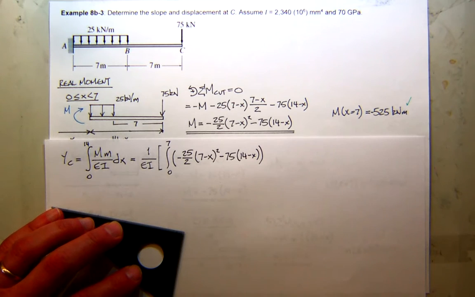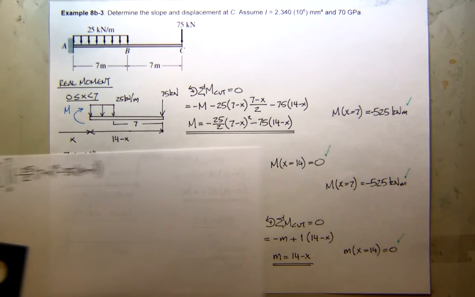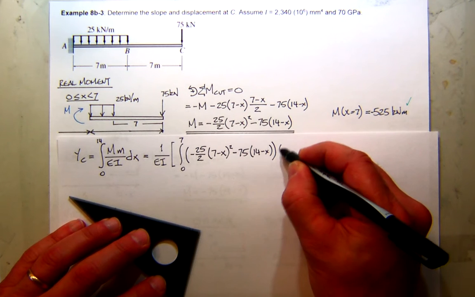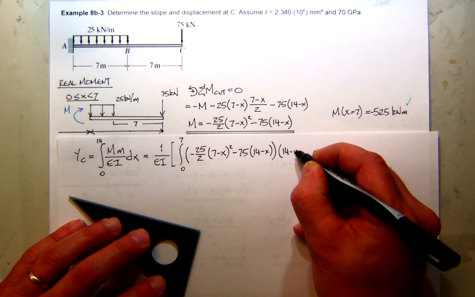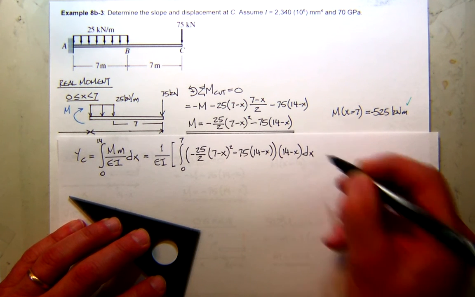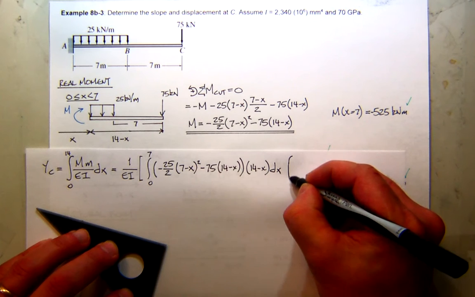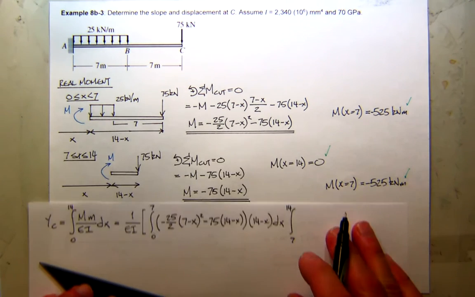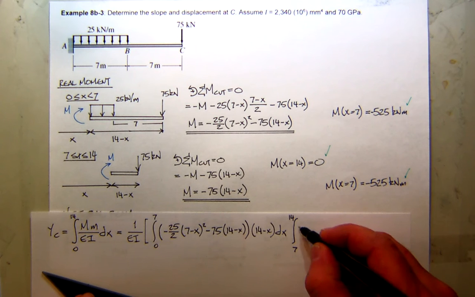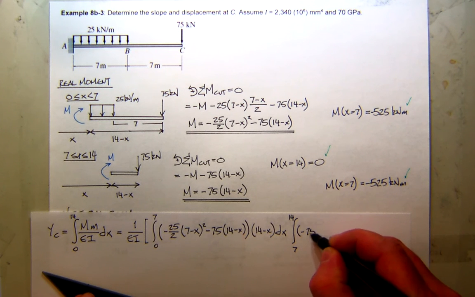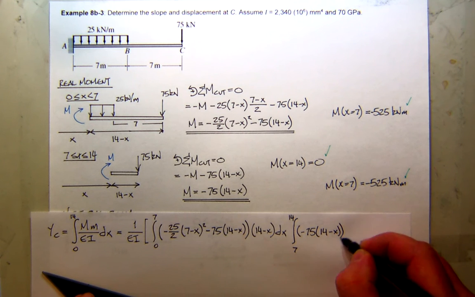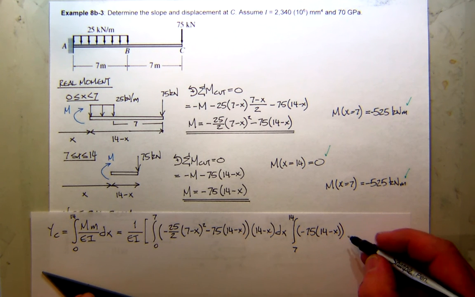So that's the real moment. And the virtual moment is 14 minus x. There's the first piece. And then the second piece from 7 to 14 would be, this is my real moment, minus 75 times 14 minus x. There's the real. And the virtual is 14 minus x.